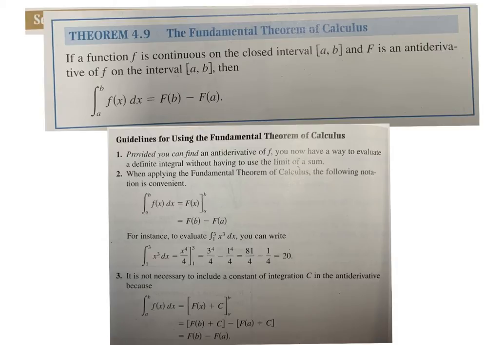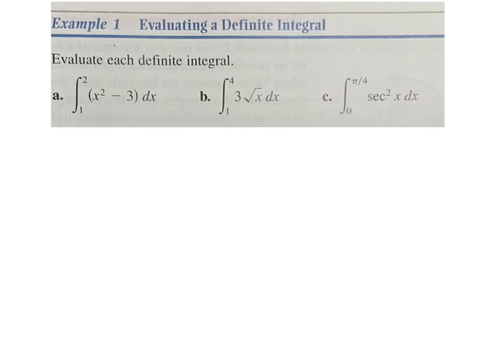Okay, so let's look at evaluating these. We are going to use our rules of antiderivatives. For this first one, we find the antiderivative first, using my standard rule: add 1 to the exponent and divide.